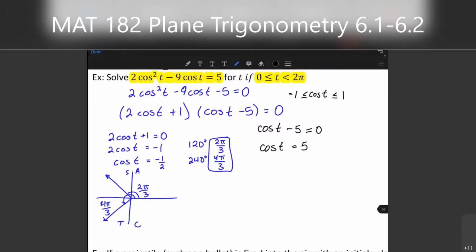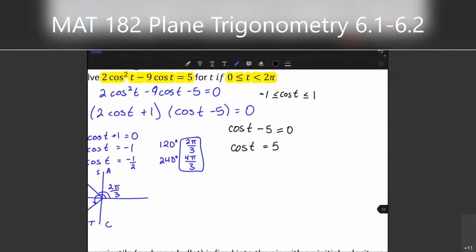So the actual values we find for the cosine of any angle maximize at 1 and minimize at -1. If we consider the graph of our cosine function, remember that we start at +1, and our minimum is at -1 for a regular cosine function. So we cannot get a 5 out of any cosine t function here. So this would give no solutions.